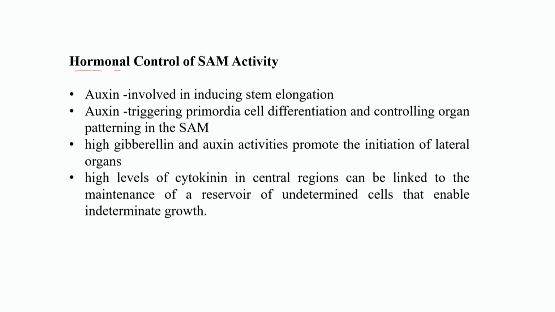Auxin is also required for stem elongation, and also for differentiation and physiological function of various cells present in the shoot apical meristem, and it triggers primordia cell differentiation of all the lateral organs, leaf primordia which are coming out. So, they trigger their differentiation and control the patterning properties of the shoot apical meristem, means in which pattern the primordia will come out and how they will be oriented, that is all controlled by auxin.